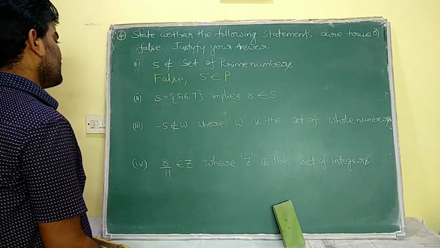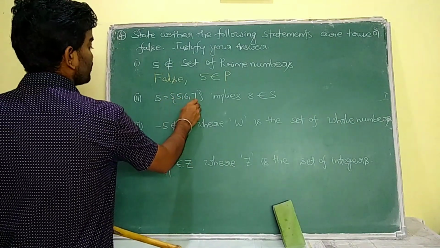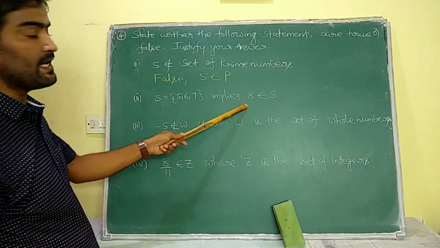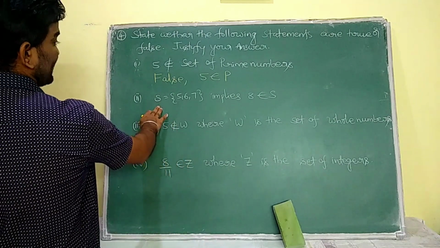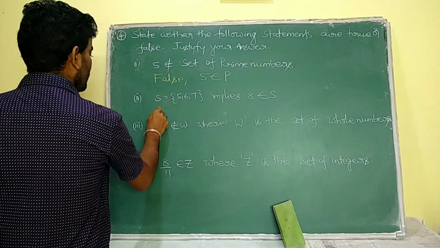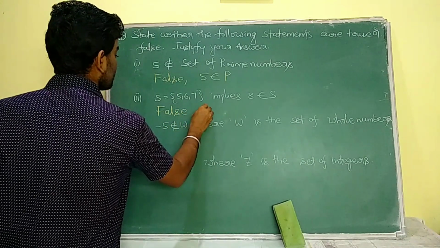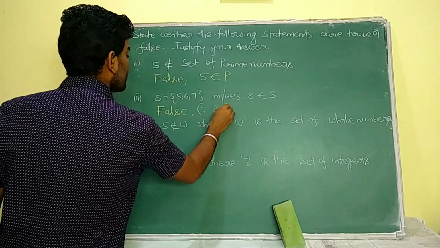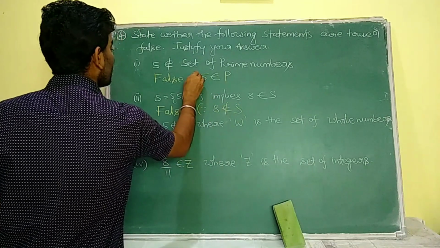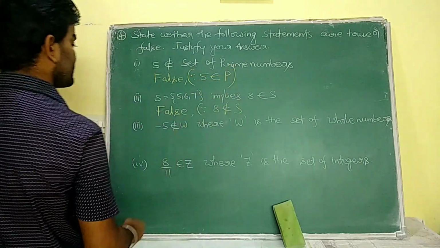Next, S is equal to {5, 6, 7} implies 8 belongs to S is said. In that S, is 8 there? No. So it is also false, because 8 does not belong to S.